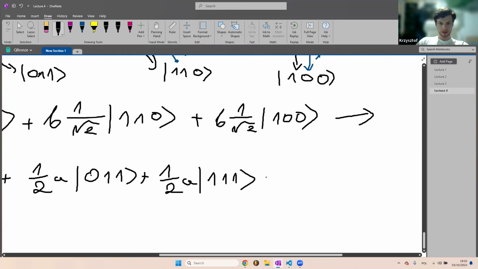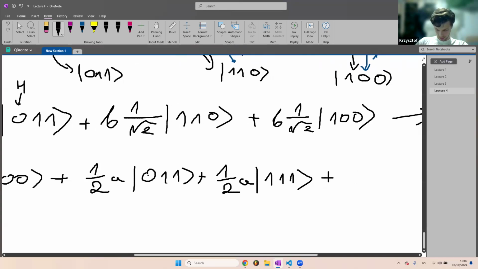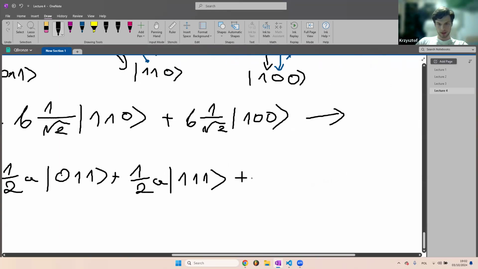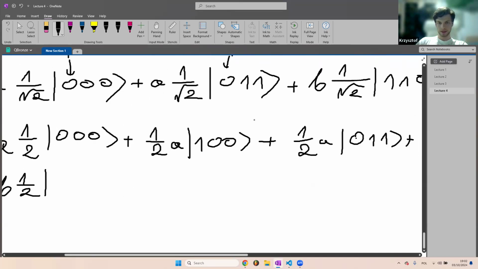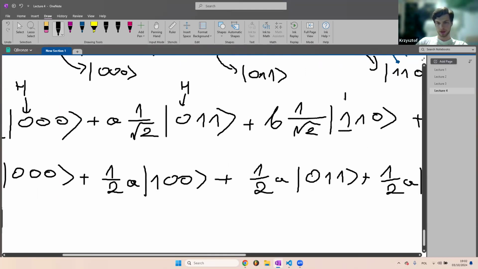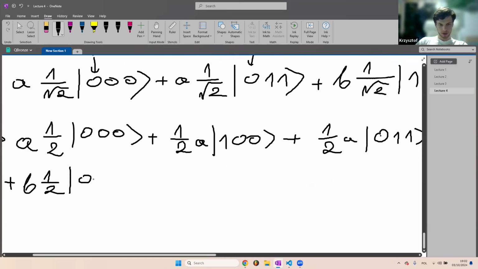That's okay. Plus 1, 0, 0, 1, 1, 1, 0, 1, 1. That's okay. That's fine. Now we'll get to a different line, plus b 1 over 2. And this b, here we have minus. So after the Hadamard, we will have plus b 0, 1, 0, minus 1 over 2, b 1, 1, 0.